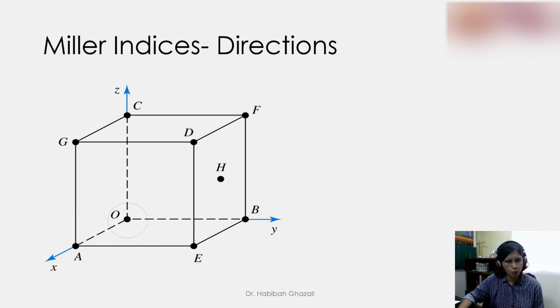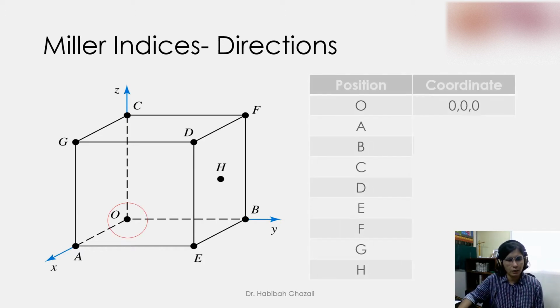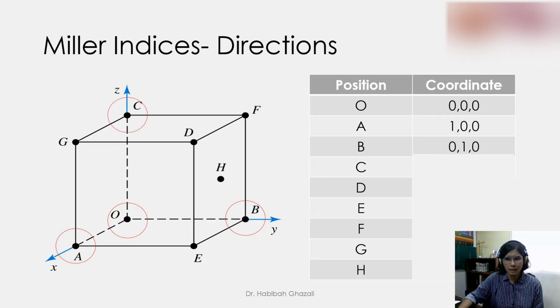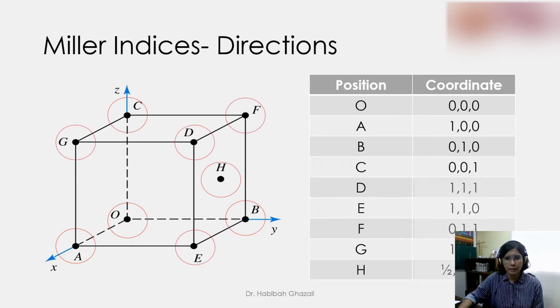So if I choose O here as my origin, the coordinate for A should be 1, 0, 0. The coordinate of B here should be 0, 1, 0. And so on. For C, the coordinate should be 0, 0, 1. And the coordinate for D is 1, 1, 1.